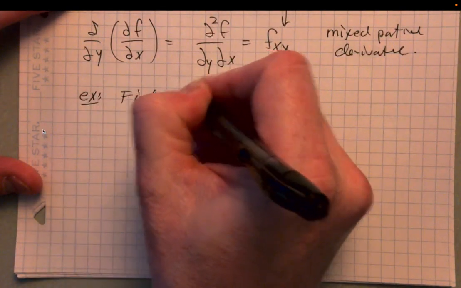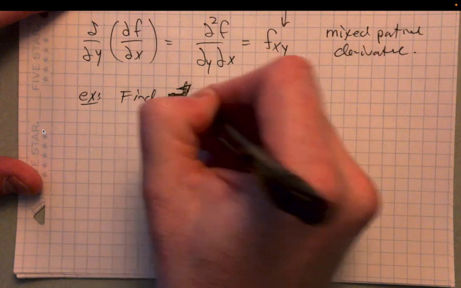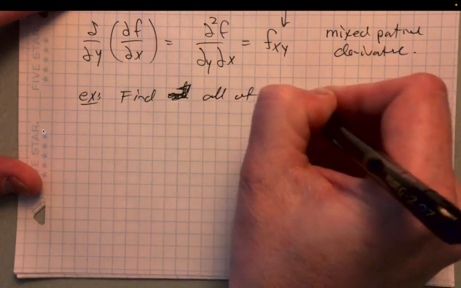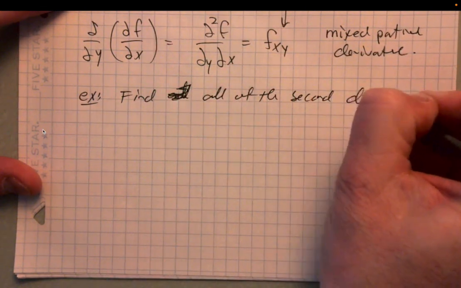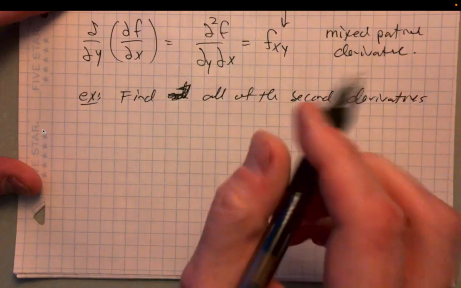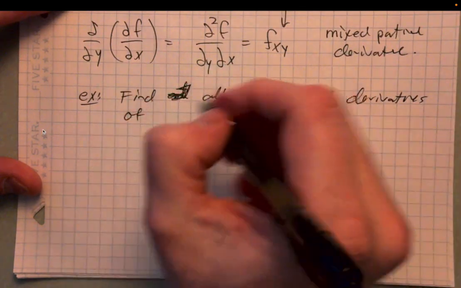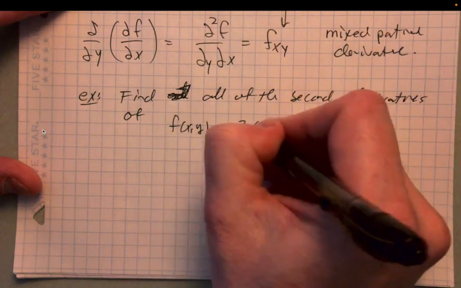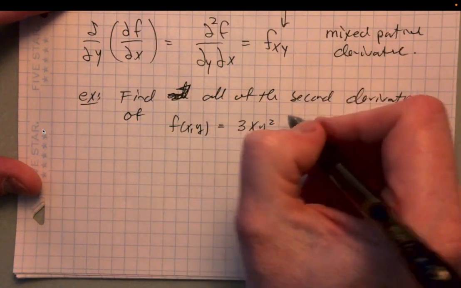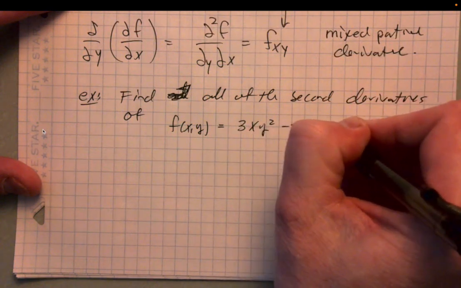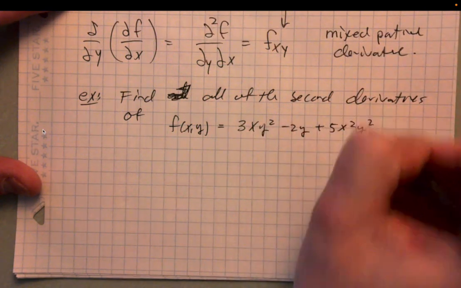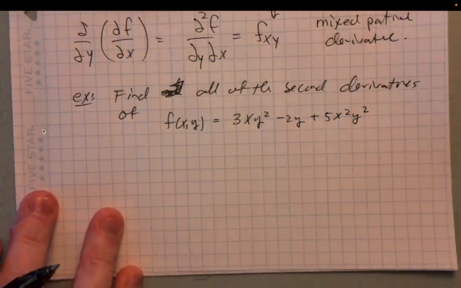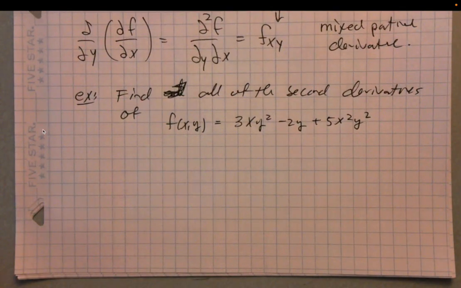Find all of the second derivatives of f of xy equals 3xy squared minus 2y plus 5x squared y squared. So you've got this function, and we want to find all the second derivatives of it.